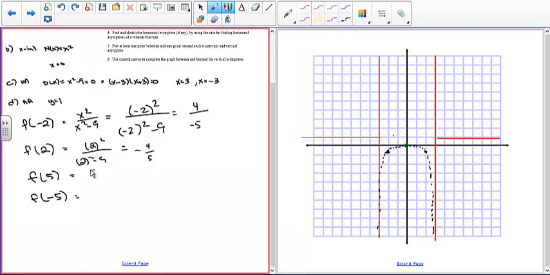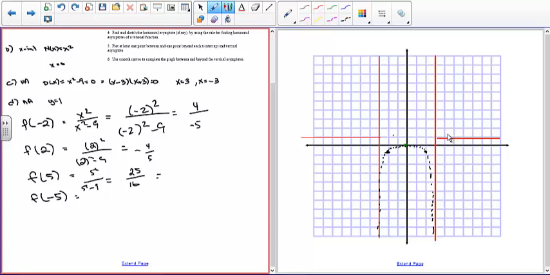So we have 5 squared over 5 squared minus 9, which is 25 over 25 minus 9, which is 16. And that's just some fraction. 25 divided by 16, 1.56. So that puts that right. We said f of 5. 1, 2, 3, 4, 5.